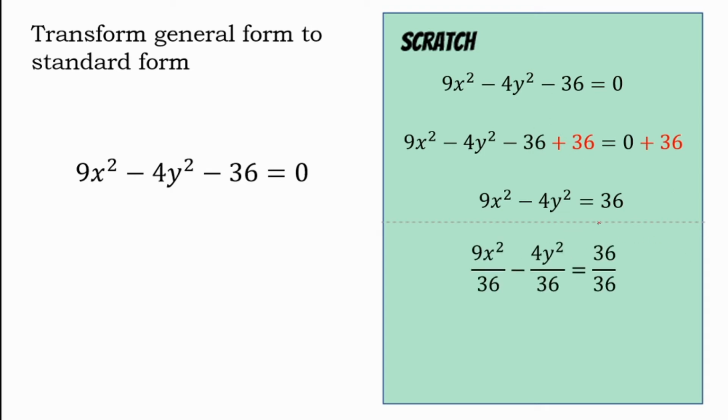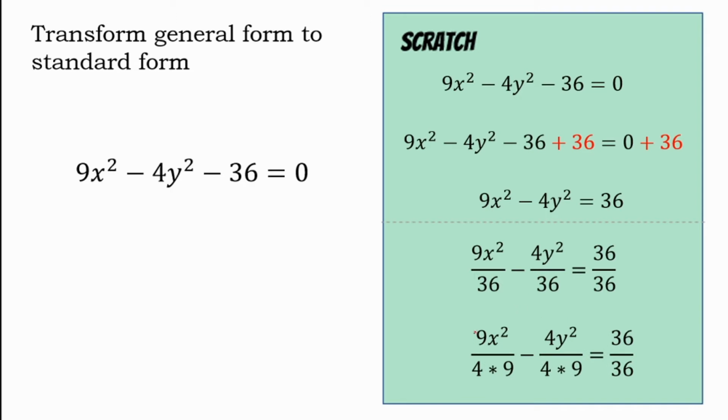Now, we divide each term by 36. So why do we divide by 36? Because our goal is to come up with a standard form of hyperbola. And we all know that the standard form of hyperbola is equal to 1. So we make one side of the equation equal to 1, and then we simplify.